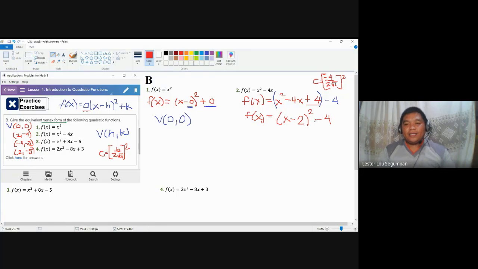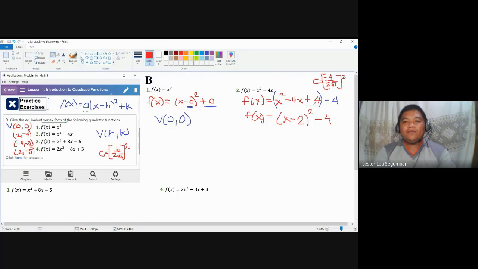I would like to repeat how it's done. Earlier, we added a constant so that the expression will become a perfect square trinomial. So we use the completing the square method. When we added 4, we created a perfect square trinomial. But when we added 4, it deviates from the given.